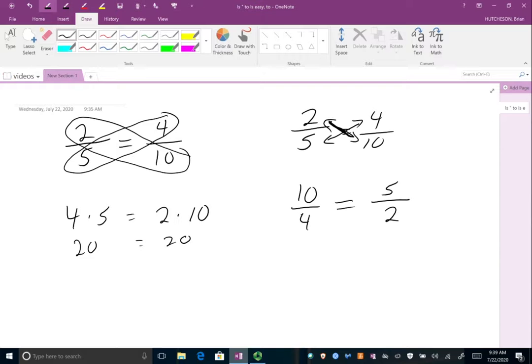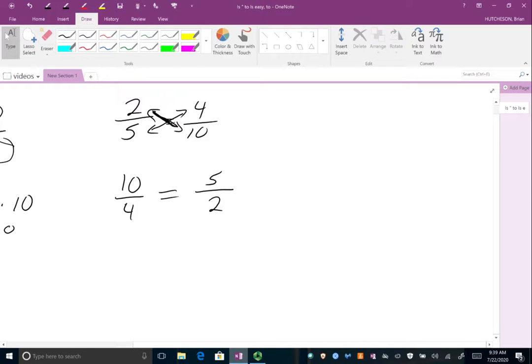Would that work if I had to solve? So let's say I had a problem. So we know that 1/2 is the same thing as 2 over 4. Everybody agrees with that. But what happens if I put a little x right here?